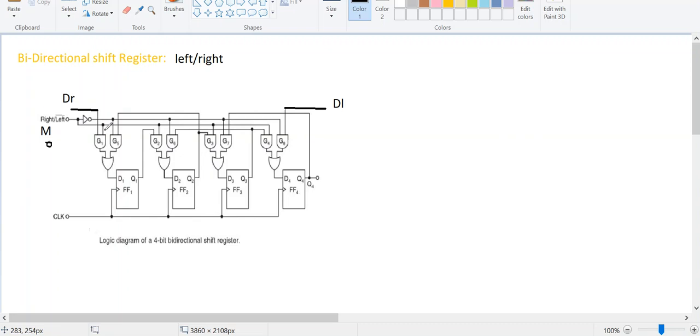So for gate G1 it is 0, for G2 it is 0, for G3 it is also 0, and for G4 it is also 0. Whenever one of the inputs is 0, the output of the AND gate is also 0. Therefore the outputs of G1, G2, G3 and G4 are equal to 0.